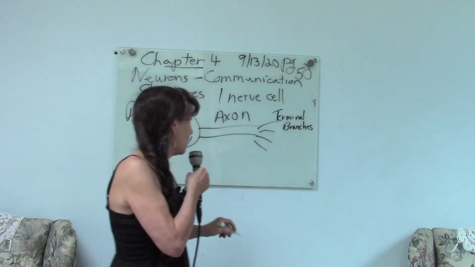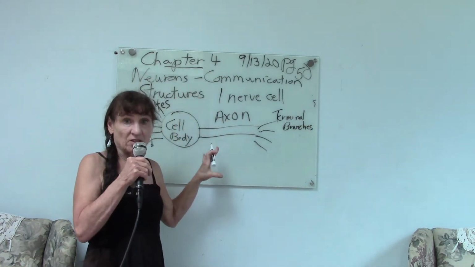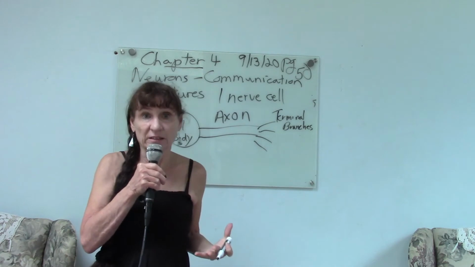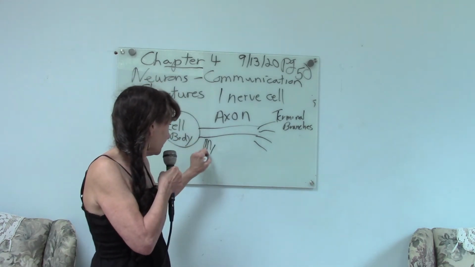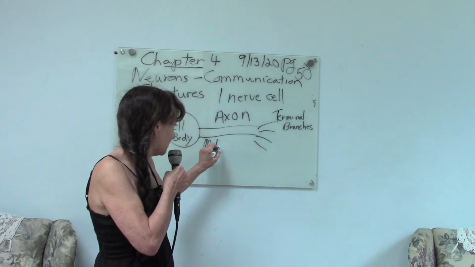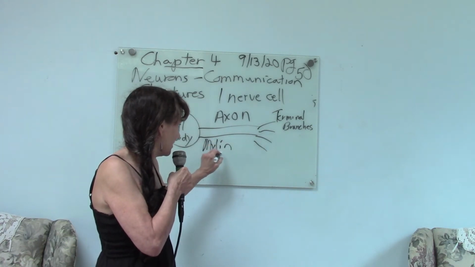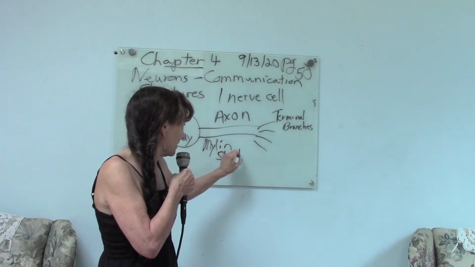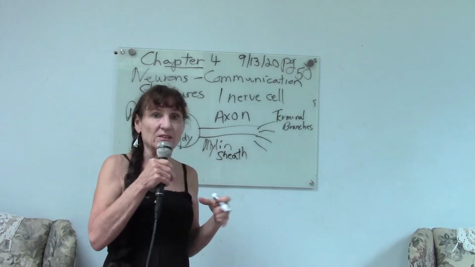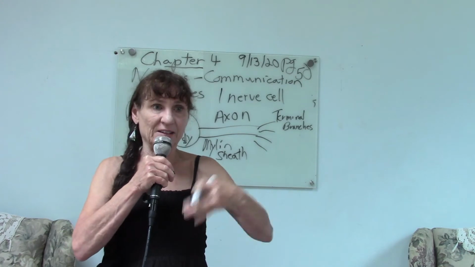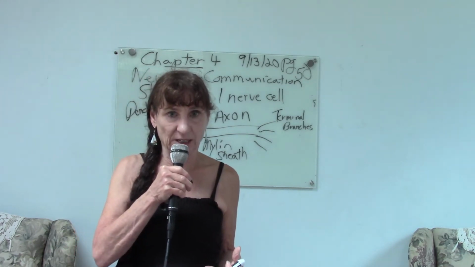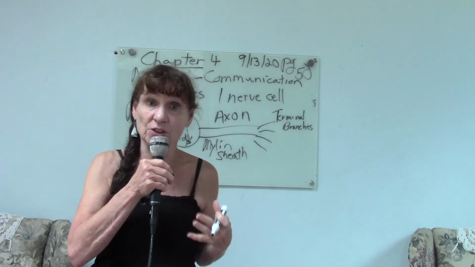Now some axons have myelin sheaths, or they're myelinated. How do you spell it? Myelin sheath. I got to check the spelling. Anyway, the myelin sheath is a protective coating. It's sort of like an electrical wire that has a protective coating around it. These are largely found in your brain.